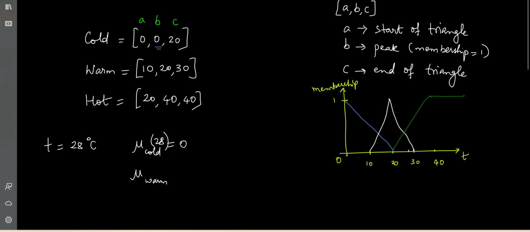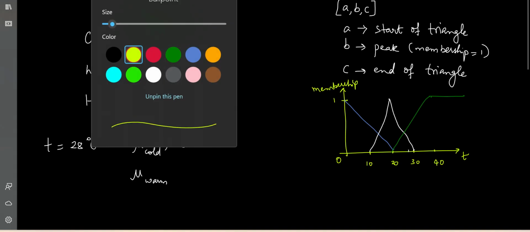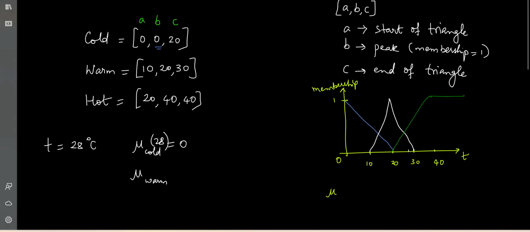It is lying on the falling side. And for the falling side, the value of the membership has a different formula than when the point lies on the rising side. If it is on the rising side, let us say it is x minus a upon b minus a.